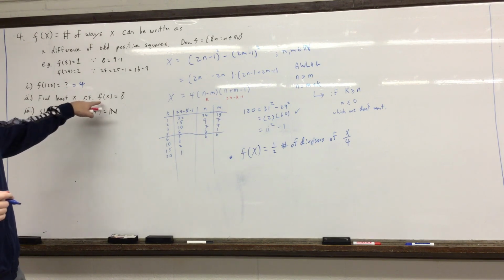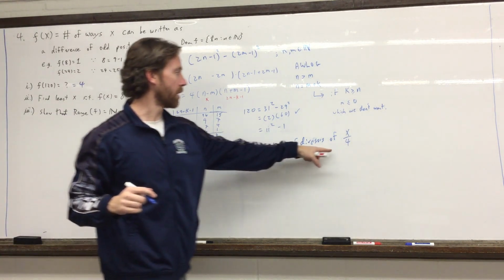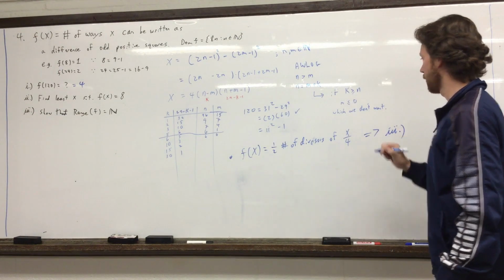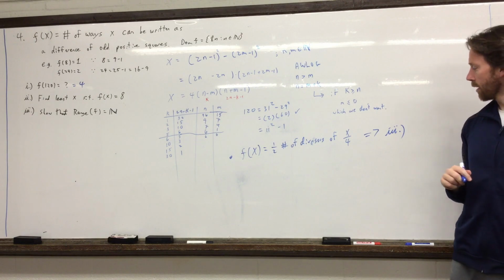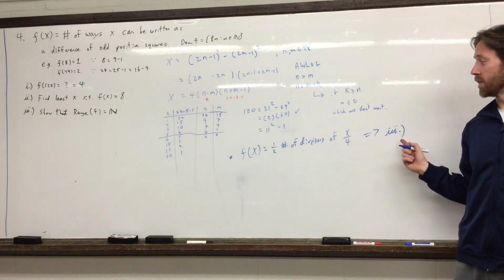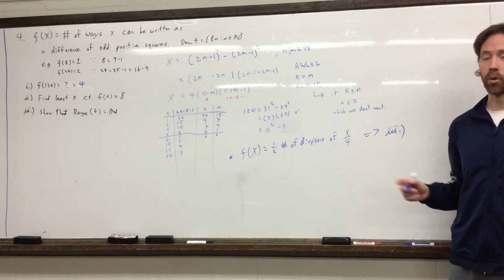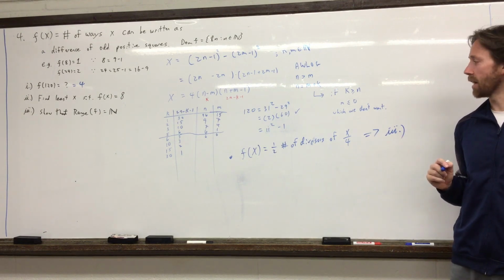Find the least x such that, well, you know what, this almost solves problem 3. We just have to show that numbers x over 4 could have any integer number of divisors.